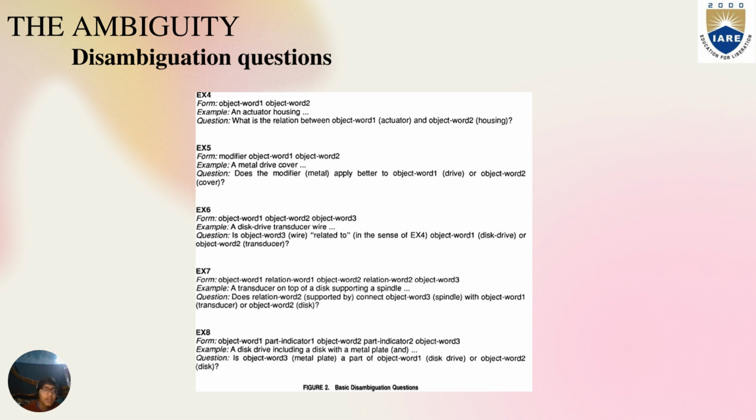Does the modifier, metal, apply better to object word 1, drive, or object word 2, cover? These are examples, and the researcher is able to identify the noun-to-noun objects and generate a question for the memory in order to effectively read the text.